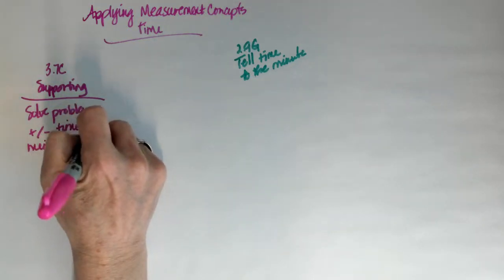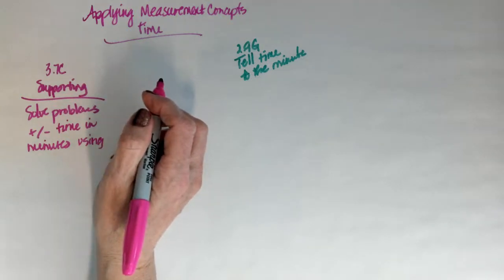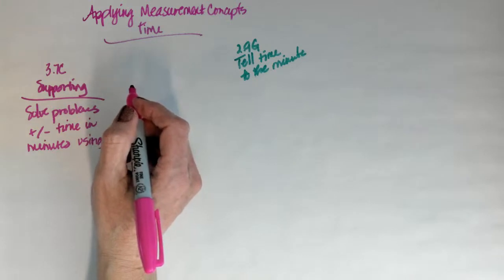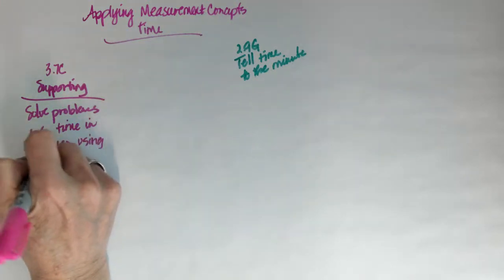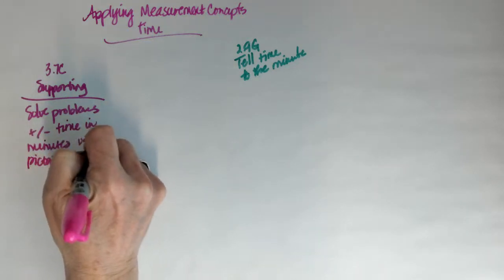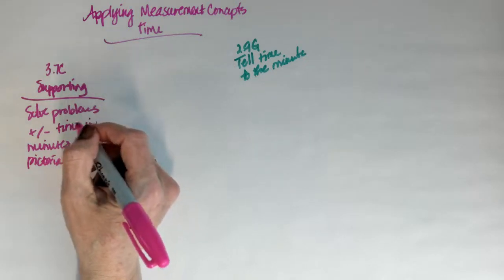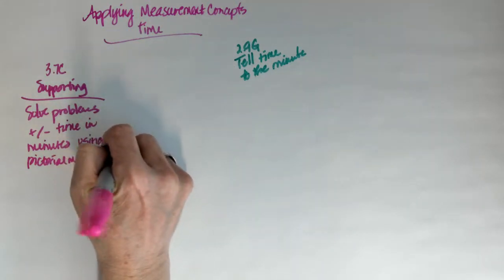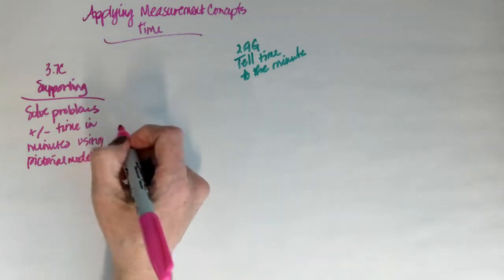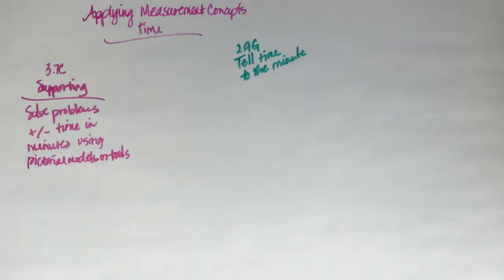So that means they should always get some sort of a picture, either a picture of a clock, a picture of a number line, some sort of a pictorial model. We're talking about problems where we would be adding things like a 15-minute event plus a 30-minute event equals 45 minutes.